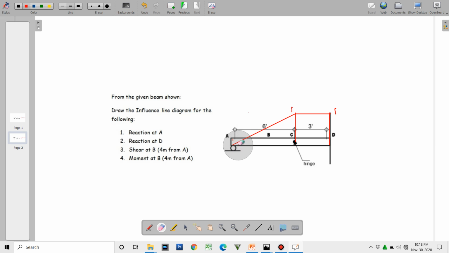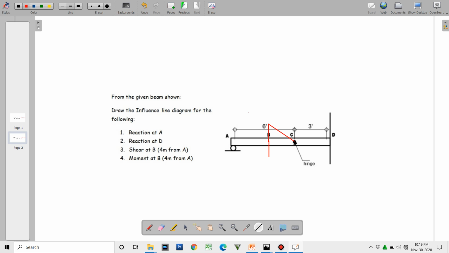Moving on to shear at B. This is B. We are going to cut at B and allow the left portion to deflect downwards and the right portion to deflect upwards.